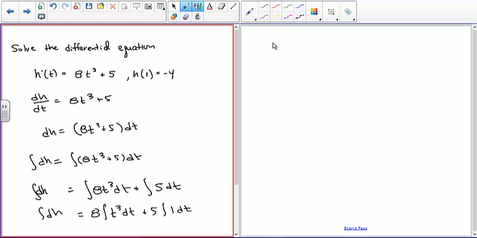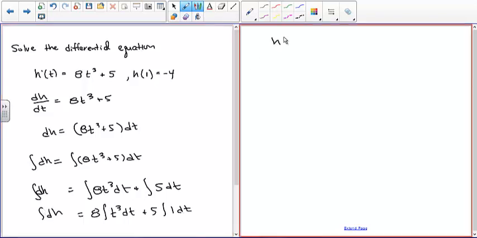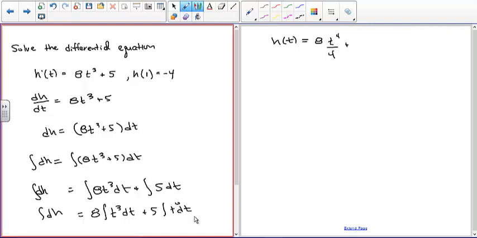So then you finally do your integration. The integral of dh is just h. That's what we're trying to solve for. Then we get 8, the constant, times the integral of t cubed dt. You add 1 to the exponent and divide by the new exponent. And over here, 1 is t to the 0 power.